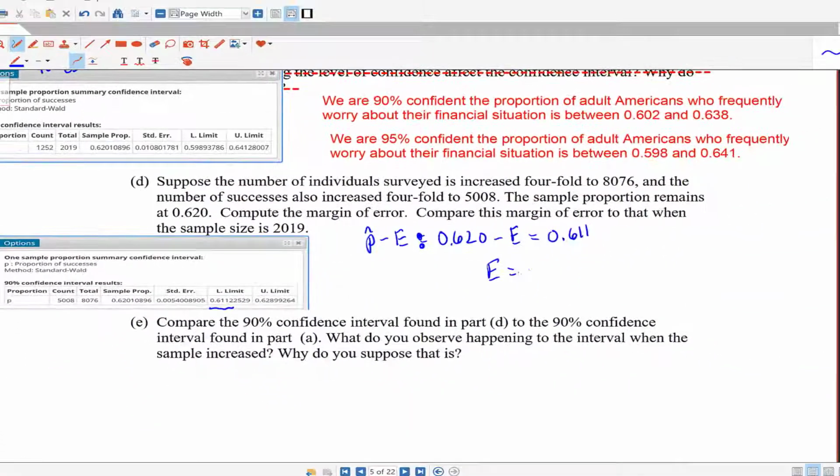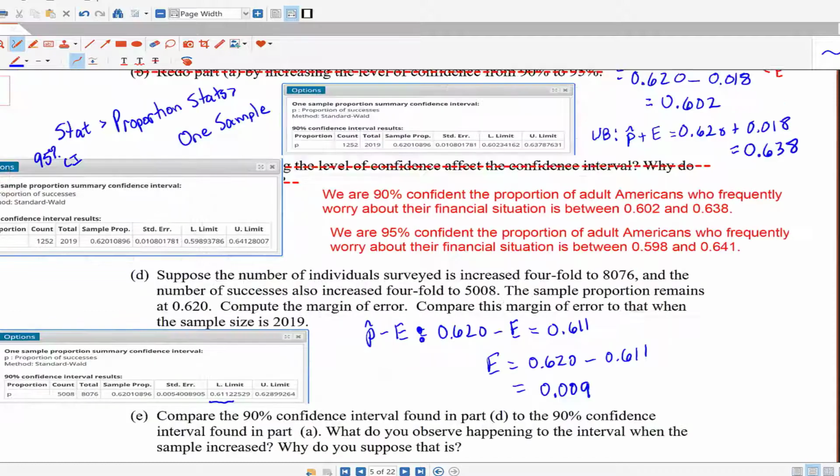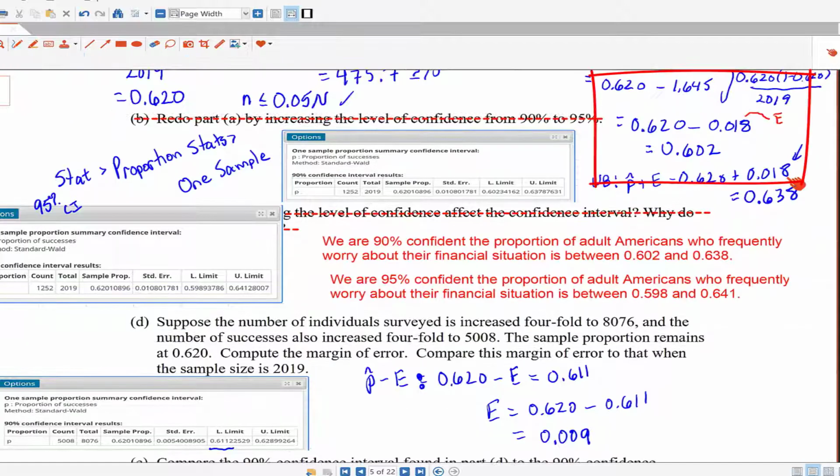The margin of error is really 0.620 minus 0.611, which is 0.009. Whereas when my sample size was 2019, my margin of error was 0.018. When I quadruple my sample size, the margin of error is 0.009.